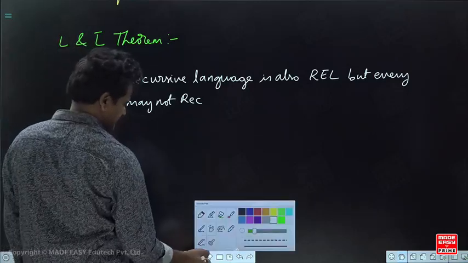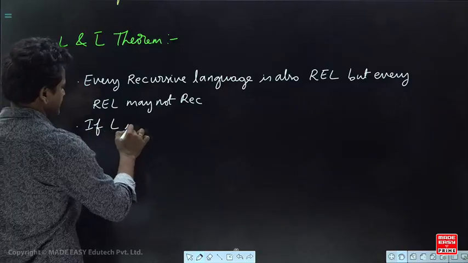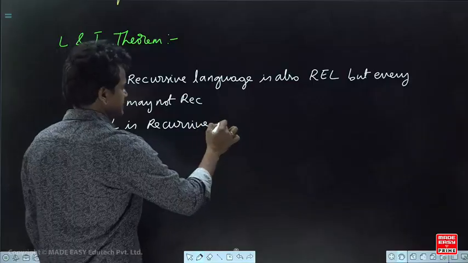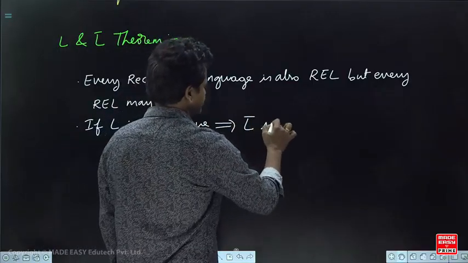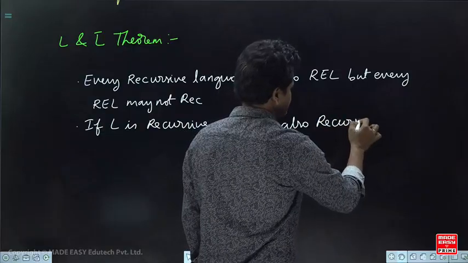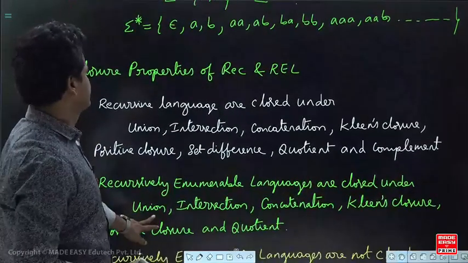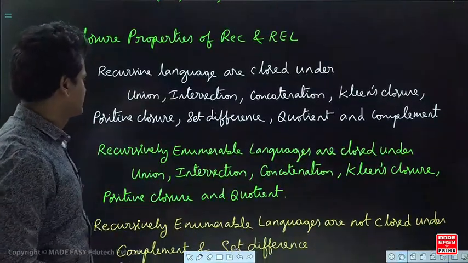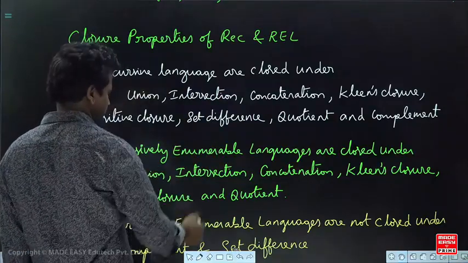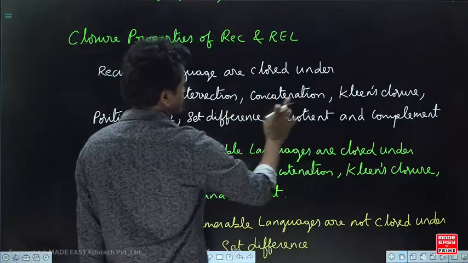Next point. If L is recursive, it implies L bar is also recursive, because recursive languages are closed under complement. Recursive languages are closed under union, intersection, concatenation, Kleene closure, positive closure, set difference, and also complement.